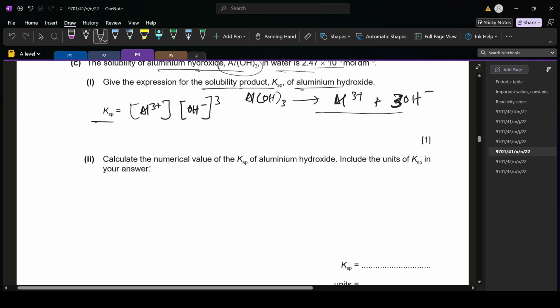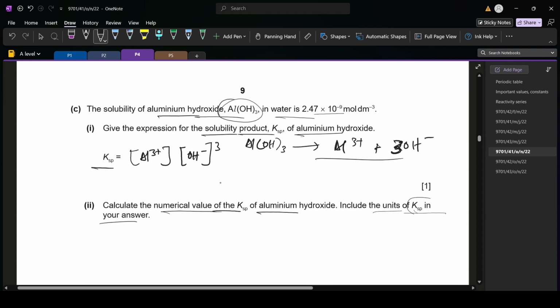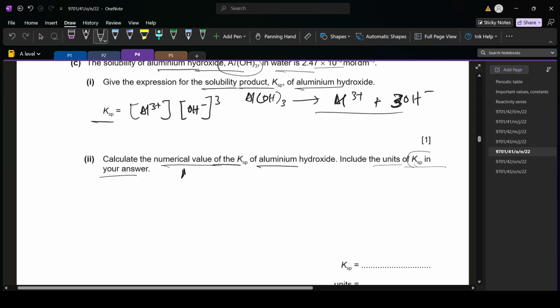Now calculate the numerical value of Ksp of aluminum hydroxide. Include the units of Ksp in your answer. So when this aluminum hydroxide dissolves, let's write this equation again: Al(OH)3 forms aluminum 3+ ions and OH- ions.